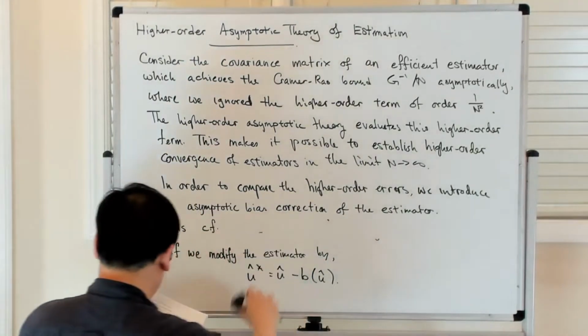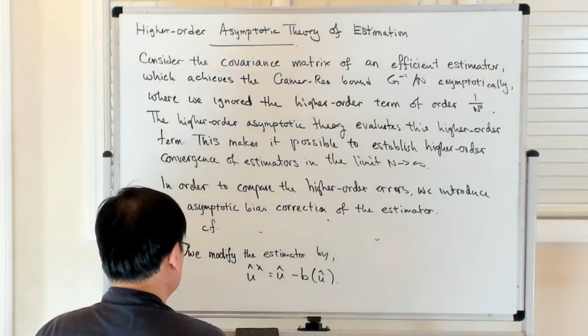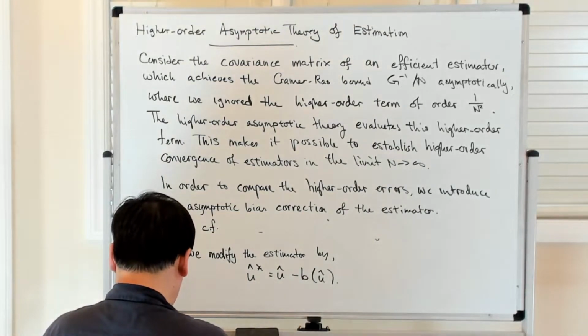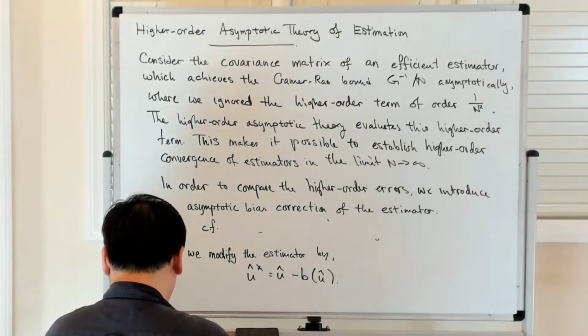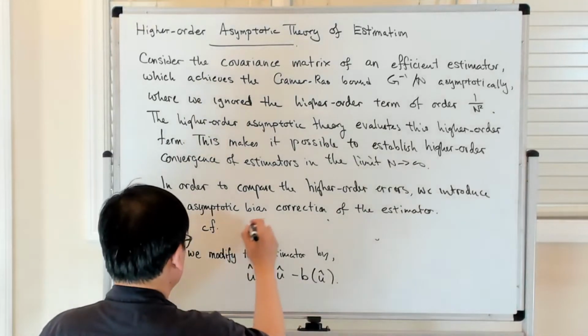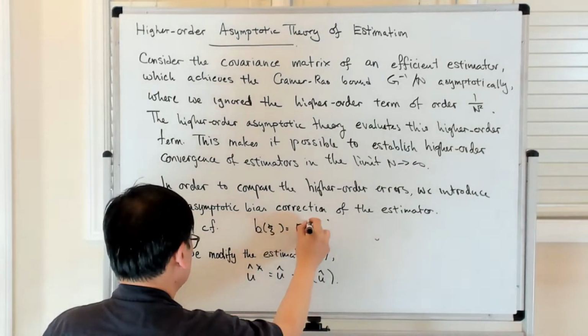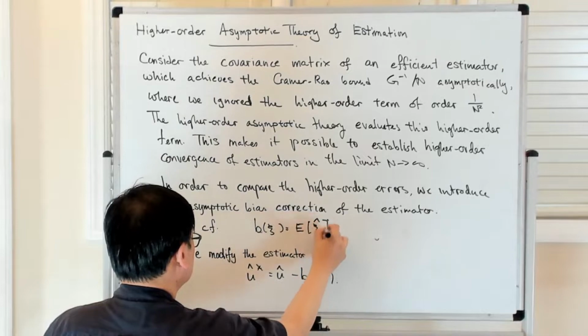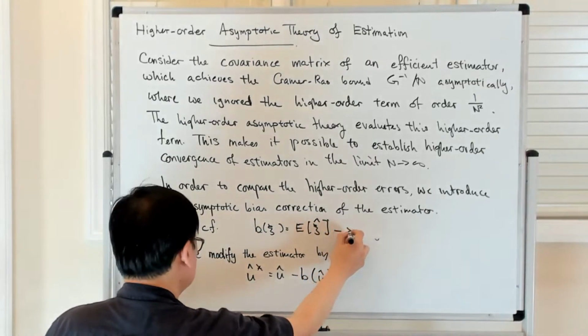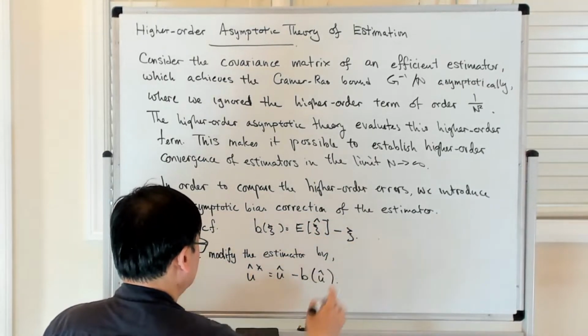So yes, the bias is just defined to be the expectation of the estimator minus the true value, right?